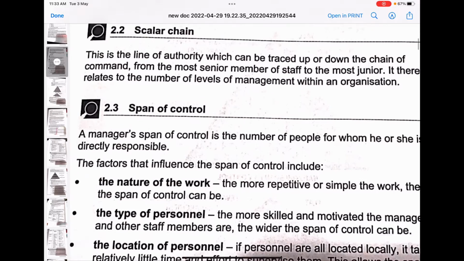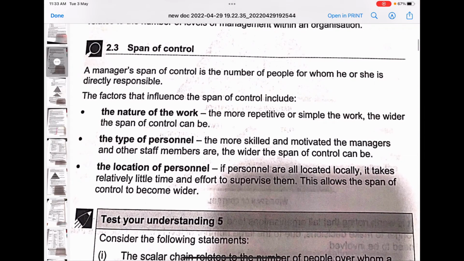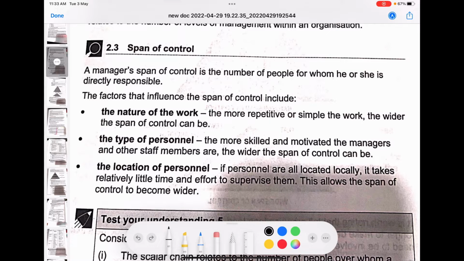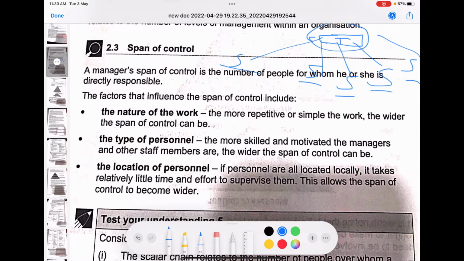Easy. Now we have span of control. Okay, I'll explain what is the span of control. So for example, I am, let's say, a teacher, and these are my students: student 1, student 2, student 3, student 4, student 5. How many students am I able to manage? 1, 2, 3, 4, 5, right? So my span of control is 5 students.